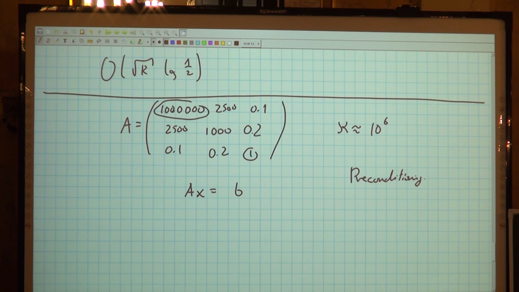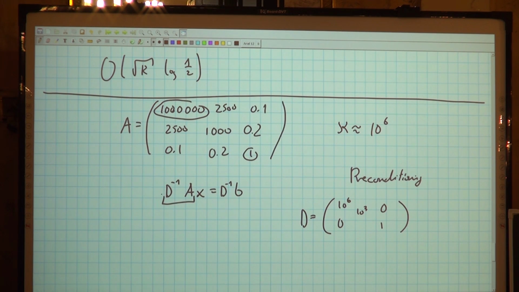If you look at this matrix, it has a very bad condition number, but for stupid reasons. What I mean is, if I pre-multiply everything, left and right side, by the inverse of the diagonal matrix, so I take the diagonal entries of this matrix, put zeros everywhere else, and pre-multiply both sides, then it's equivalent to solving the same linear system.